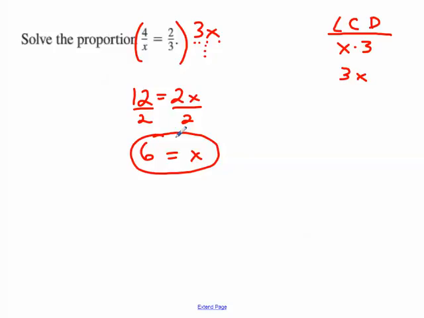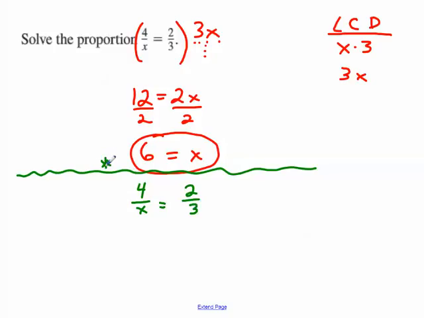But if we have one fraction equal to another fraction and nothing else in the equation, just one fraction on the left side and one fraction on the right side, what we can do is cross multiply. So let's start over with 4 over x equals 2 over 3 and see if we can get to this solution as well.